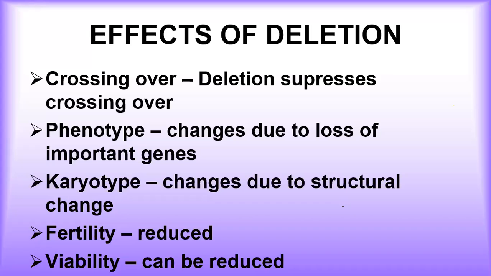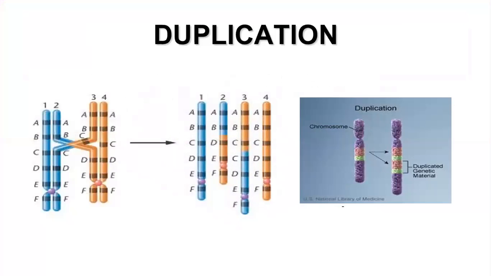Now we move on to the second type, that is duplication. Please observe the slide carefully. If you see in this slide, there are two chromosomes which are homologous.